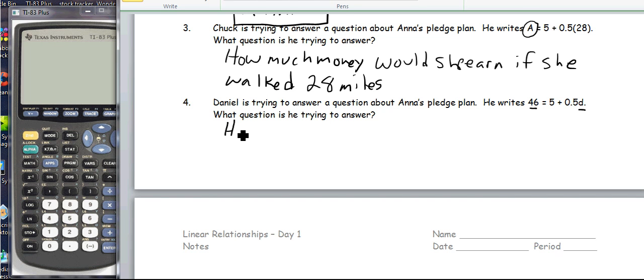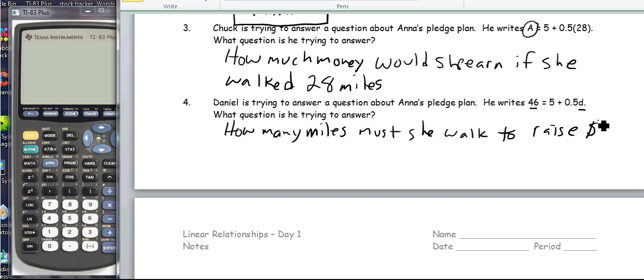Well, this is going to be, how many miles must she walk to raise $46? Because we're given the amount raised and we're looking for the miles needed to walk.